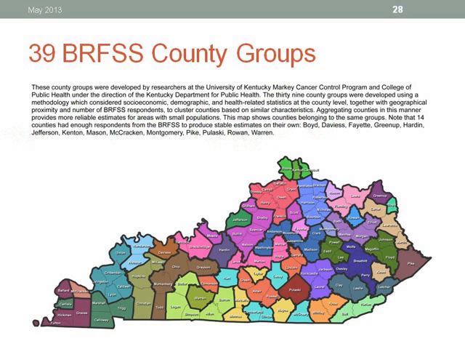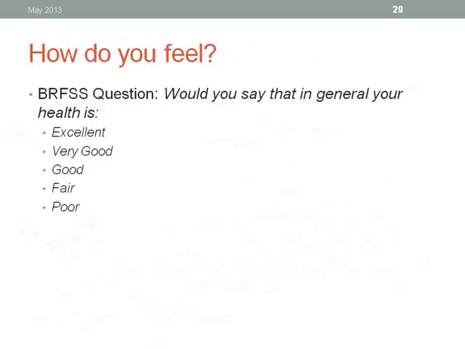But the rest have to be clustered, because the sample sizes are too small. So I took these data and I pulled one question from the BRFSS annual surveys. The question is, would you say that in general your health is one of these 5 things, excellent on down to poor?